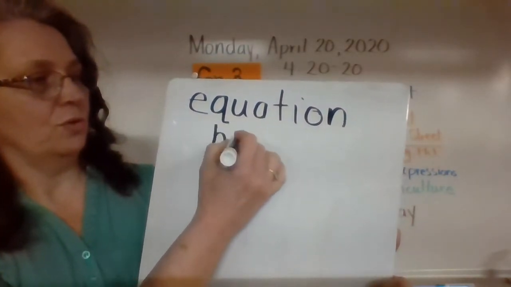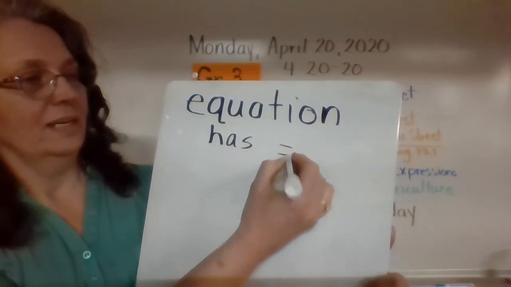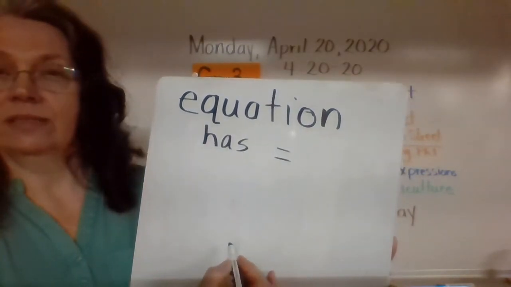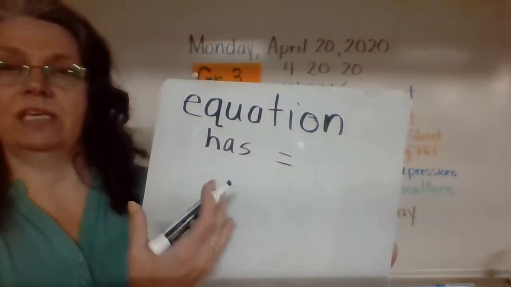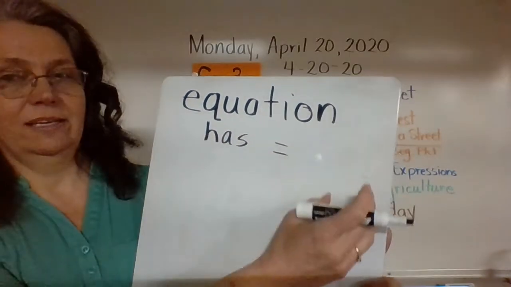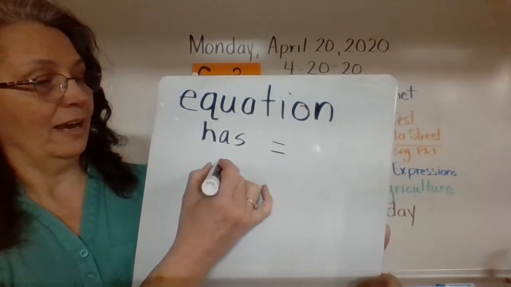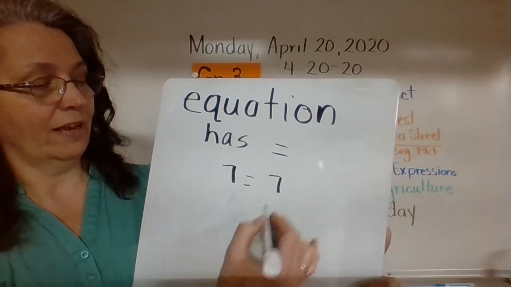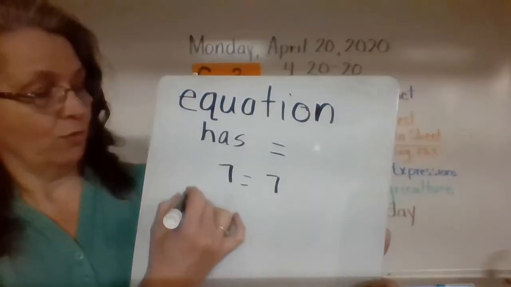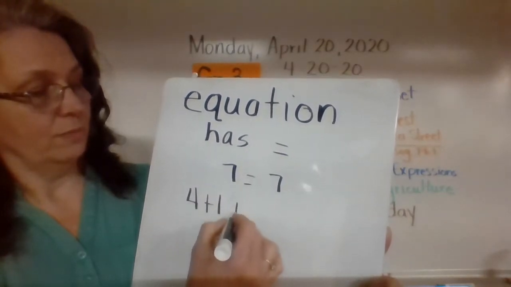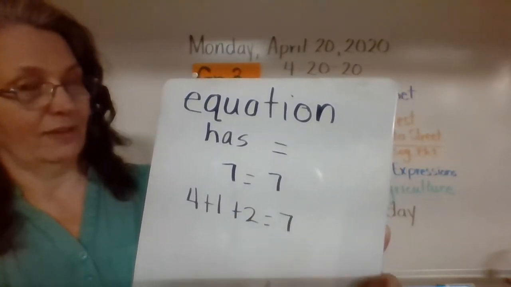It shows what something equals. One side equals another side. What do you have to do to make them be equal? Now, you could have, for example, 7 equals 7, or you could have 4 plus 1 plus 2 equals 7.